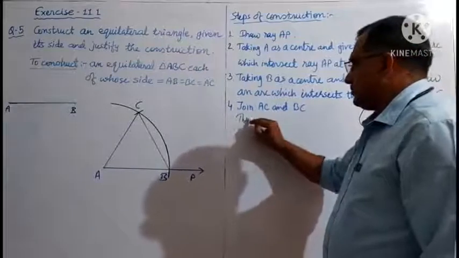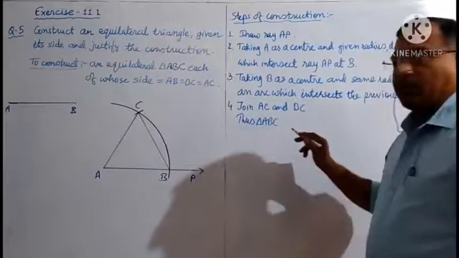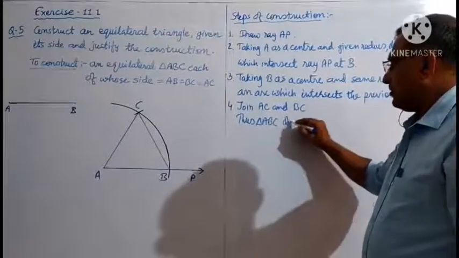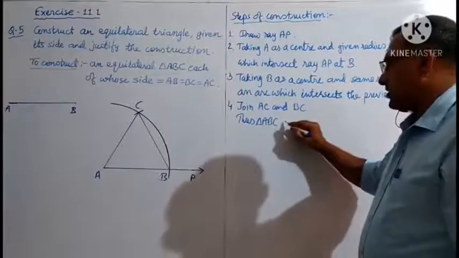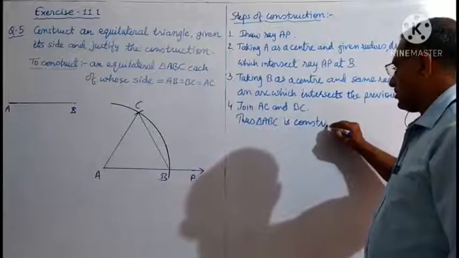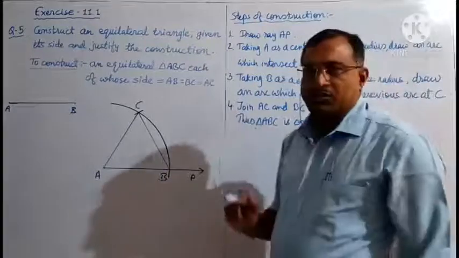Thus, triangle ABC is constructed. The required triangle ABC is constructed here.